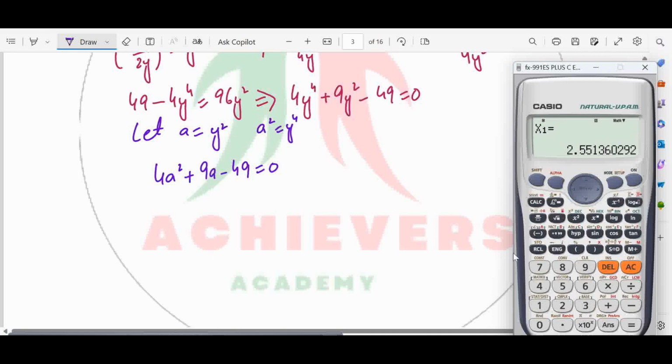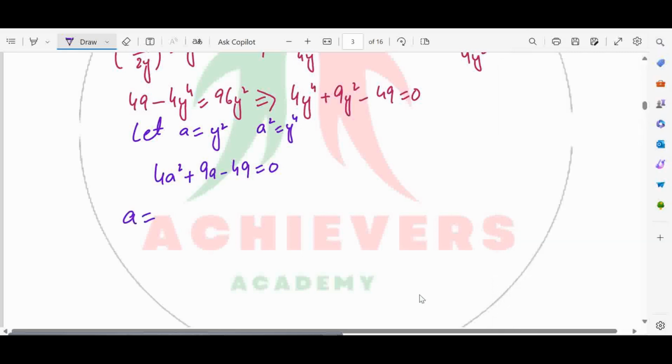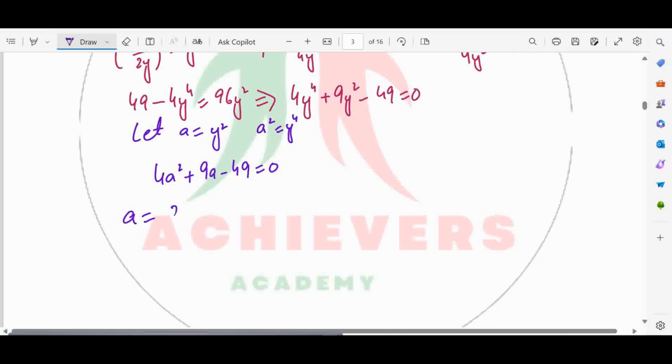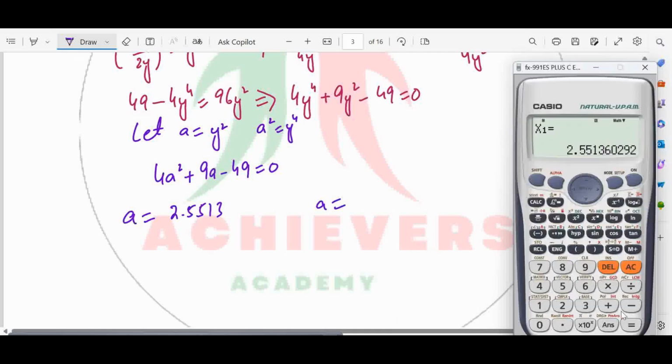We will have two values: the first one is a equal to 2.5513, and the second one will be minus 4.801.